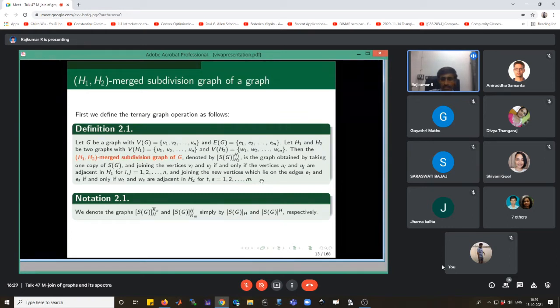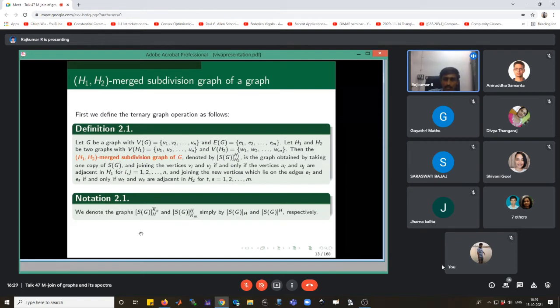This is why we give the name merged subdivision. In one sense, we take the graph S(G), the subdivision graph of G, and we merge the graph H1 with the original vertices of the graph G, and we merge the graph H2 with the new vertices introduced in the graph S(G). I will show an example, then we can understand this structure.